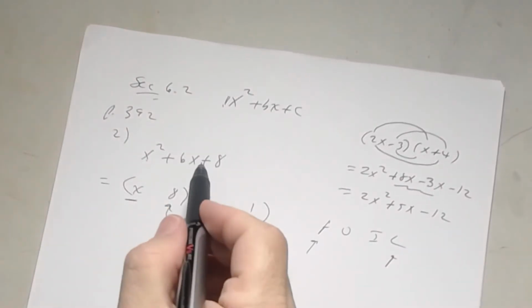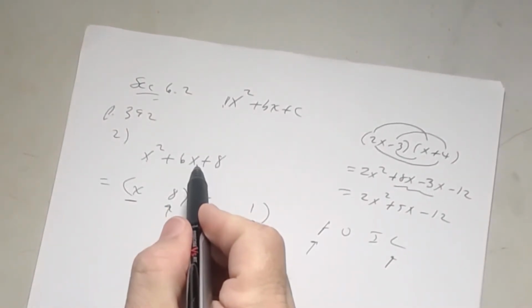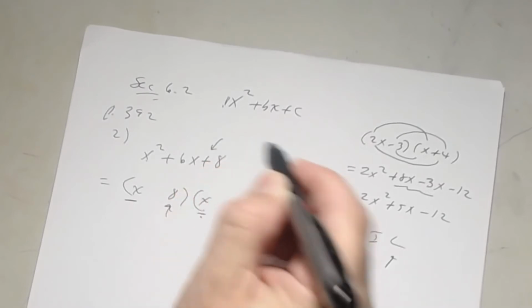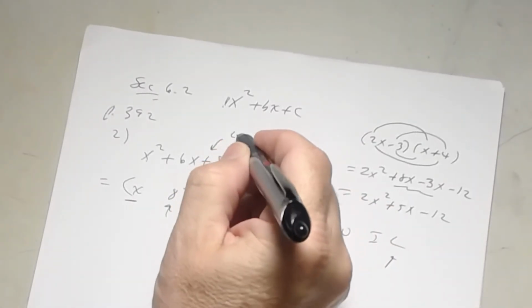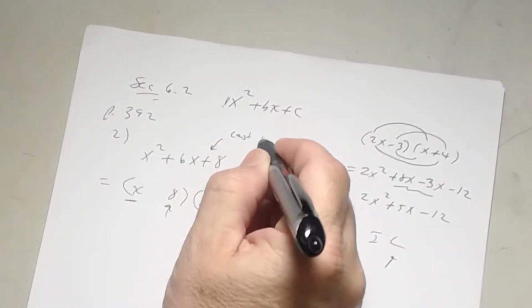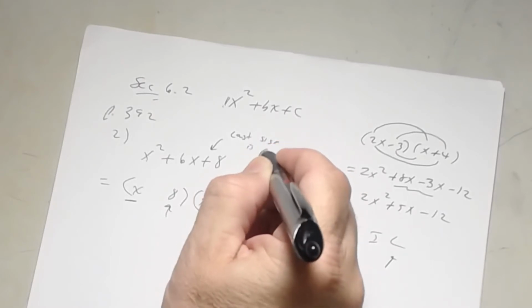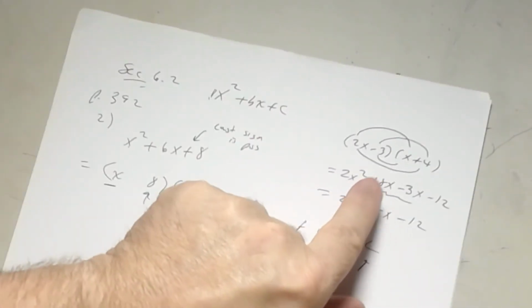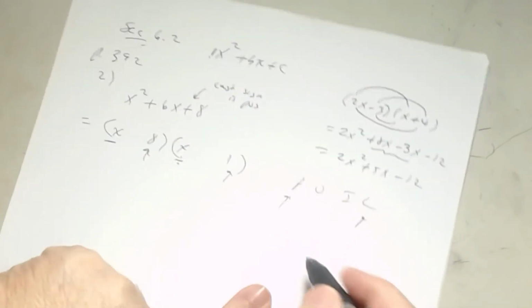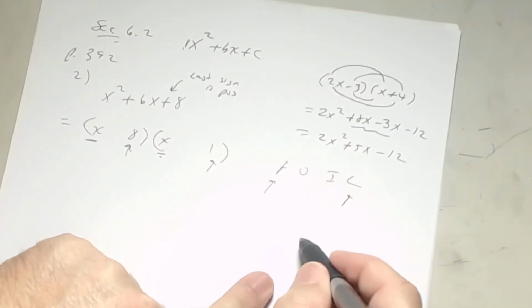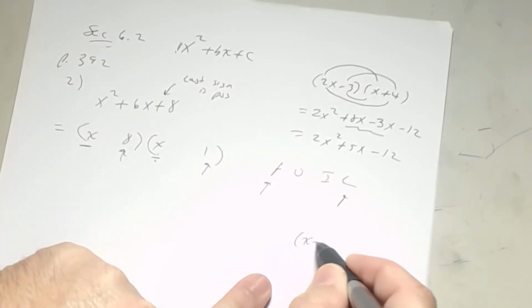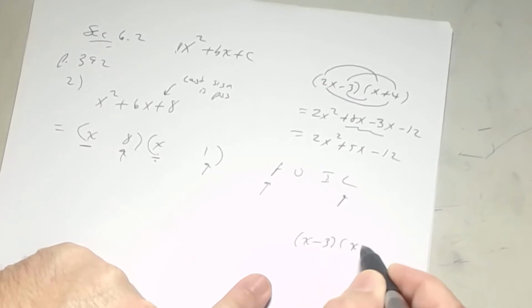The last sign is positive. That's going to be important to look at as well. Now I want you to think about this. Let me go and write this here. Let's say we had x minus 3 times x minus 6.